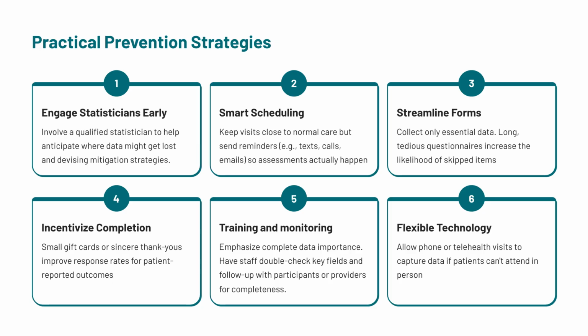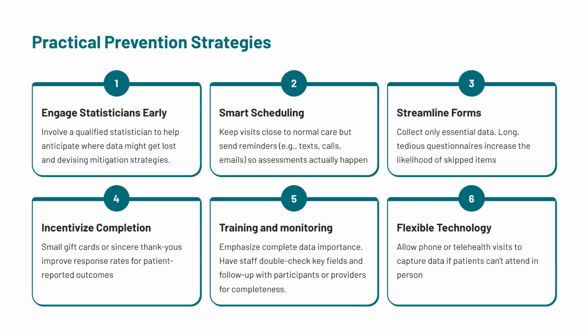Second, use smart scheduling. Keep study visits close to normal care and send reminders by text, call, or email so assessments actually happen. Third, streamline forms. Collect only essential data. Creating long, tedious questionnaires almost guarantees skipped items. Fourth, incentivize completion. Even small gift cards or a sincere thank you can improve response rates for patient-reported outcomes.